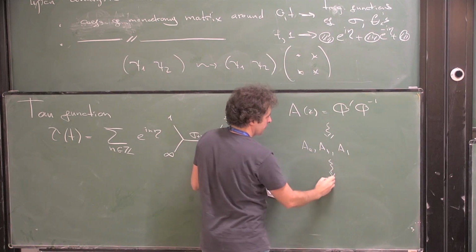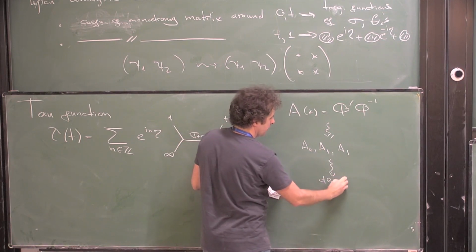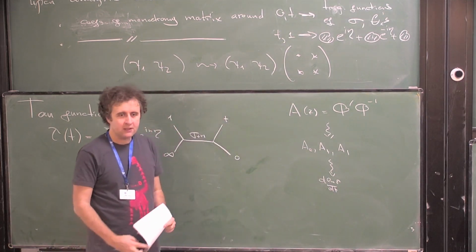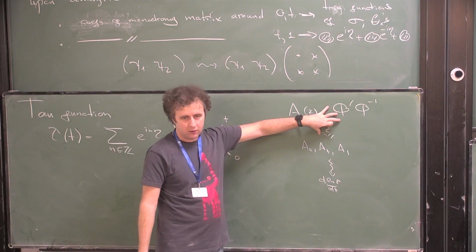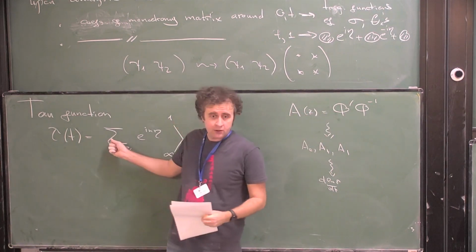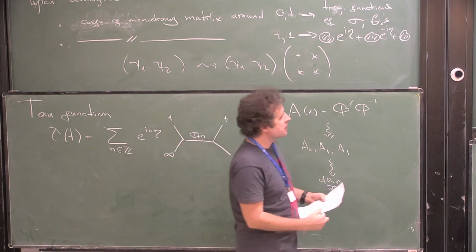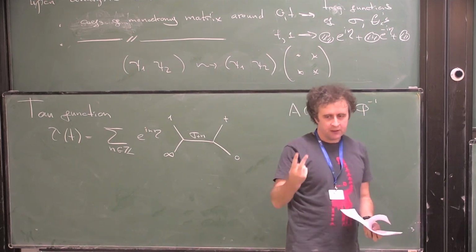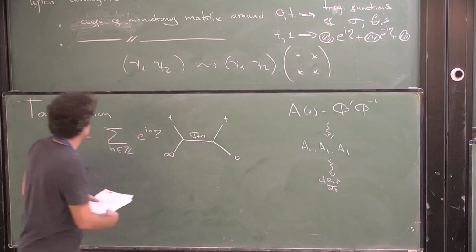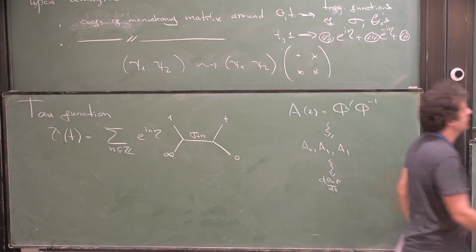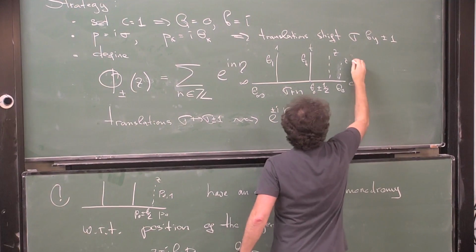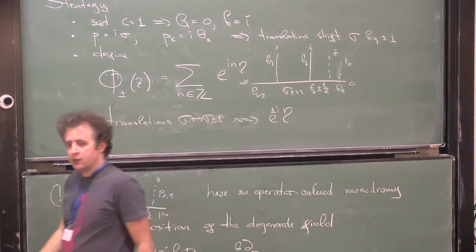From this you compute d log tau dt, and so on. But this is not actually the way this formula is obtained. And this is another reason why you would like to have two degenerate fields in the story. So when you have another degenerate field over here placed at some point z naught, you can use it.